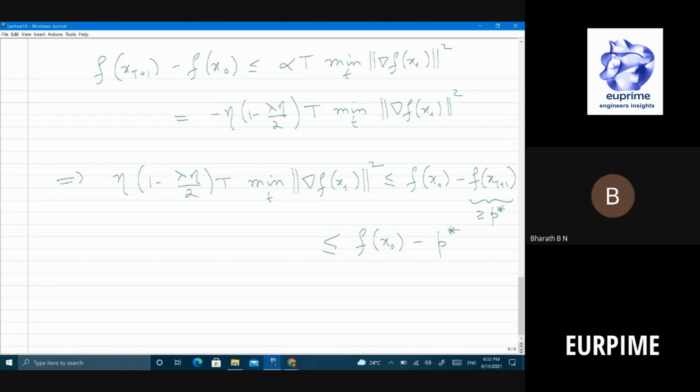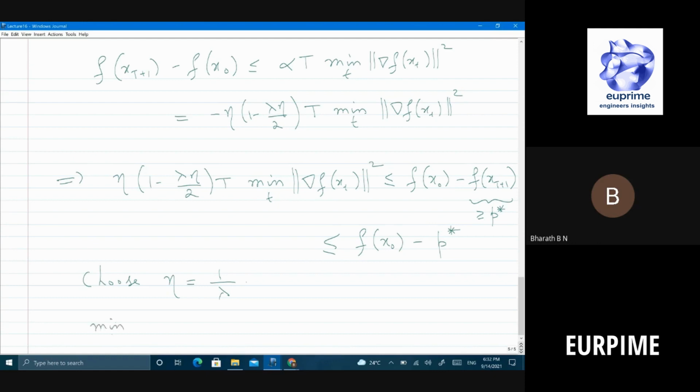Okay, so now what do we get now? So we get this nice result. So we will make some adjustments here. Choose eta to be equal to what? I'll choose as before, right? 1 by 2 lambda or 1 by lambda. So if I choose 1 by lambda, what do I get here?